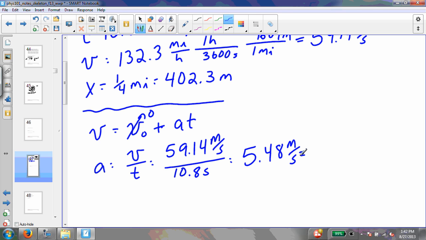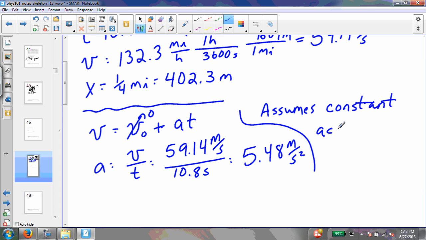Now, this assumes that our acceleration is constant, because remember, that was assumed when we derived our equations. I'm going to write that up here: assumes constant acceleration. And so that means that the average acceleration is equal to the instantaneous acceleration.